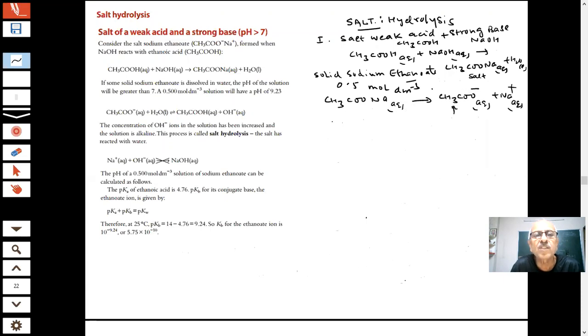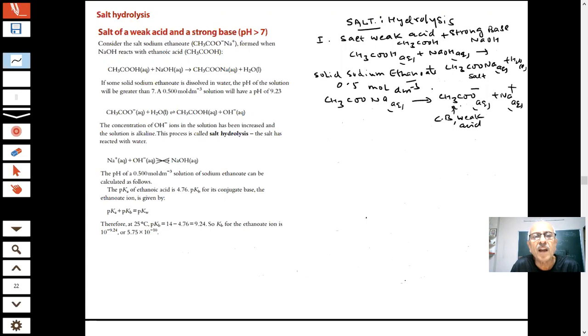And this sodium ion is coming from NaOH, which is a strong base.